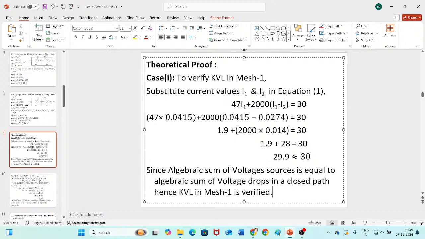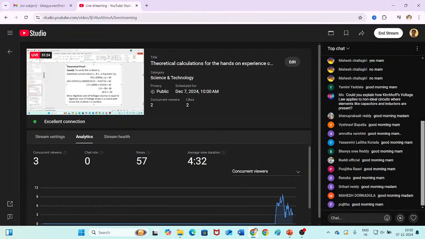Okay, so this is it. You can have a glance for a second on this slide. If there is any issue, you just mention it in the chat box so that I can go through it.